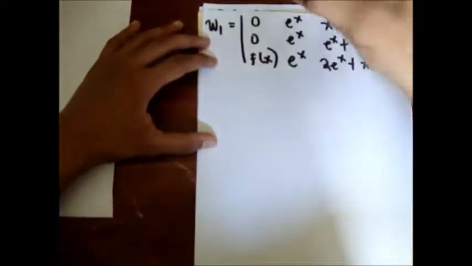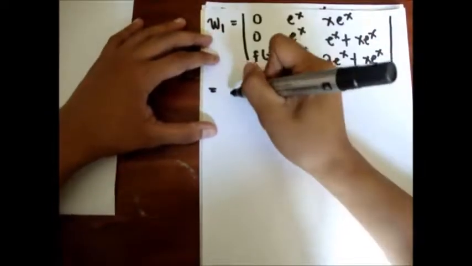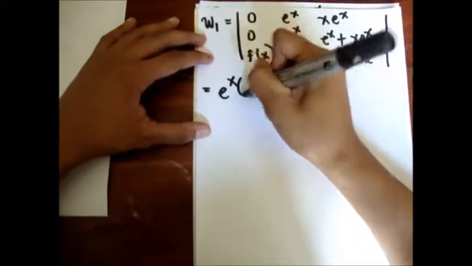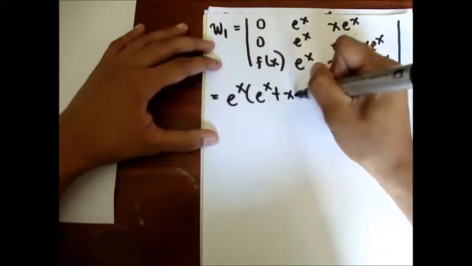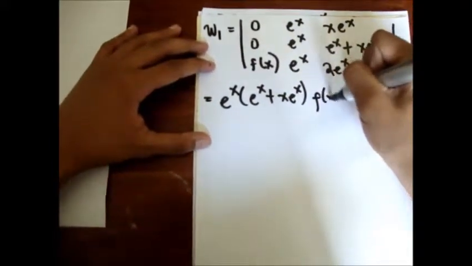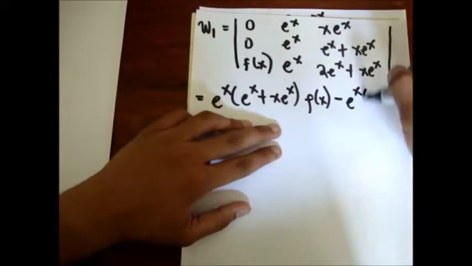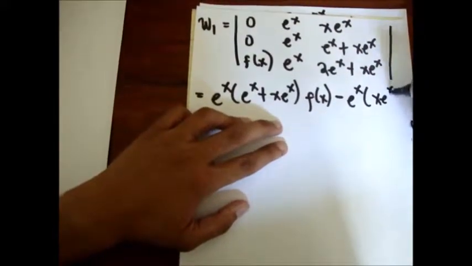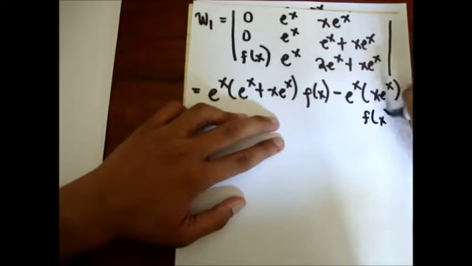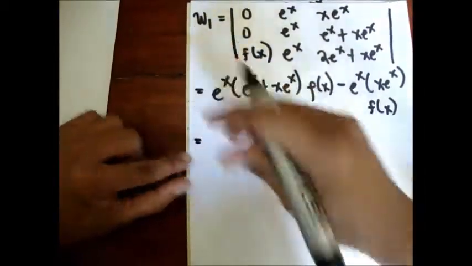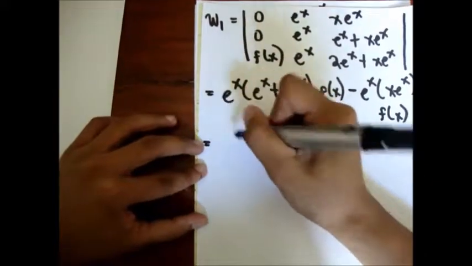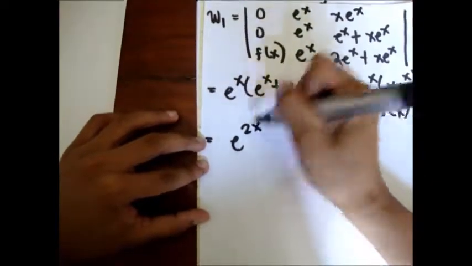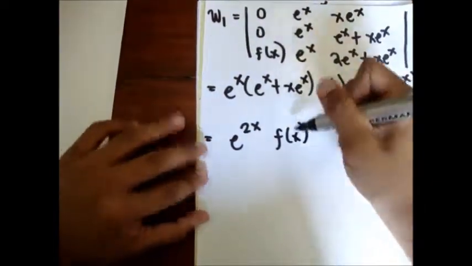Using the basket method, we get e raised to x quantity e raised to x plus x e raised to x, f of x minus e raised to x quantity x e raised to x, f of x. Simplifying it further, we get e raised to 2x, f of x.